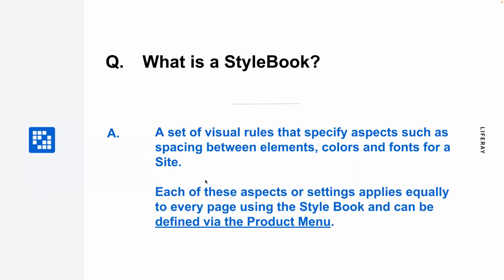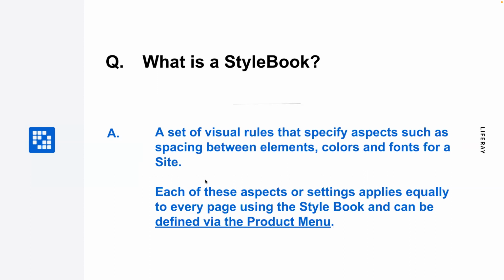Whereas if we look at a style book, you might say, well, what is this? Well, you're all probably familiar from your college or university days with style guides for writing papers such as APA, MLA, Chicago. These all provide a set of standards for writing and formatting, citing references, etc. Well, in a very similar manner, that's exactly what a style book is.